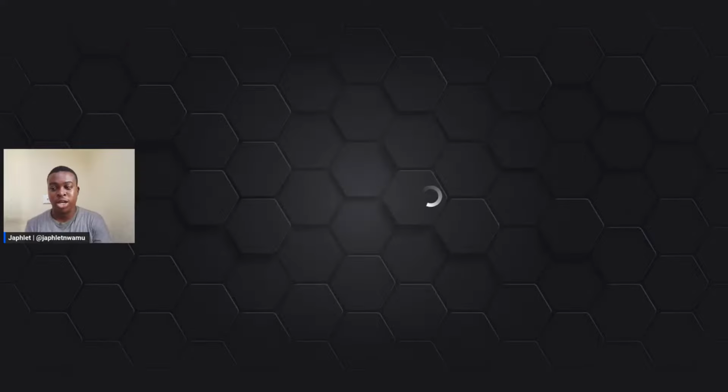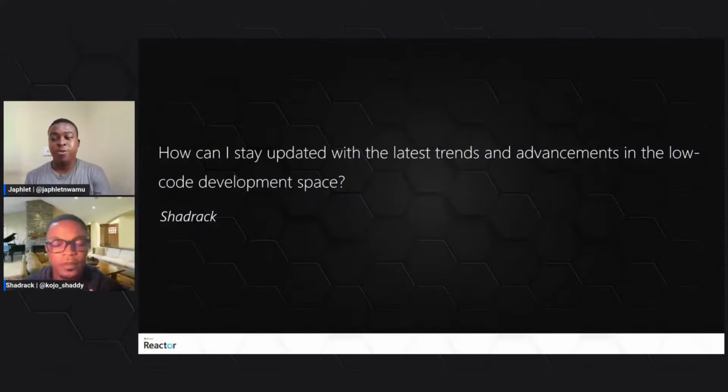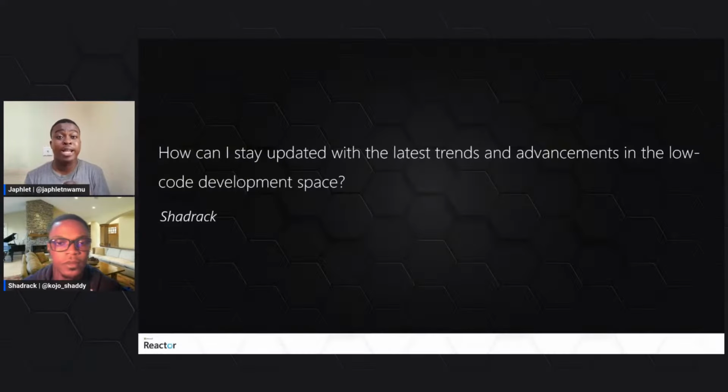How do you go on with it? I really wanted to ask our guests, and I specifically had this question for Shedrack. So, Shedrack, how can someone like me, like every other person on this call, stay updated with the latest trends and advancements in the low code development space?